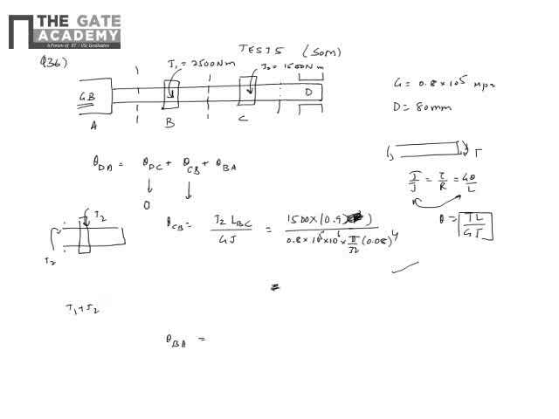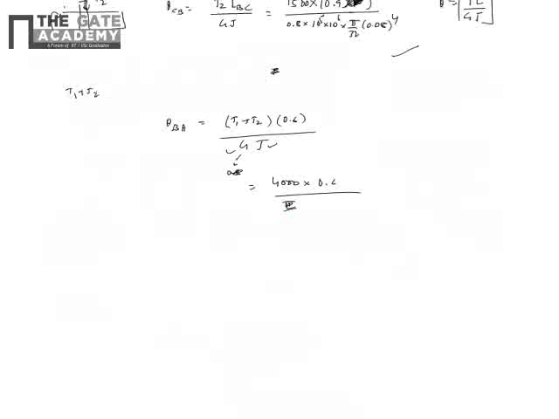So theta BA will be (T1 plus T2) into the length of AB, which is 0.6, by GJ. Substituting T1 plus T2, this is 4000 Newton meter, 0.6 is the length, G is 0.8 into 10 power 5 into 10 power 6, converting into meters. J is pi by 32 times 0.08 power 4, because it's 80 mm.